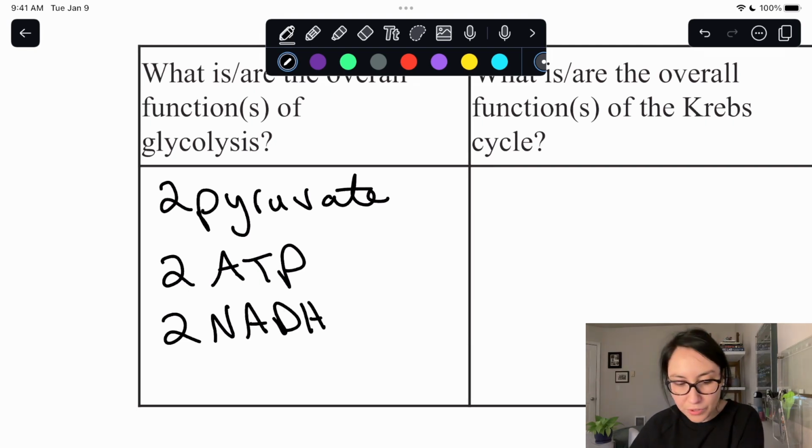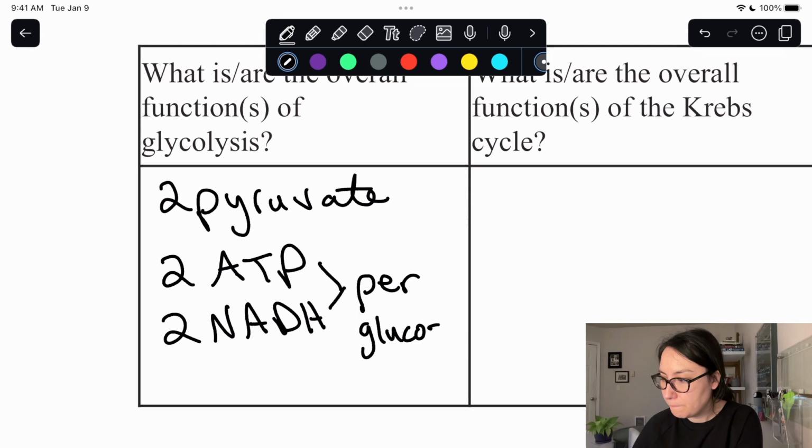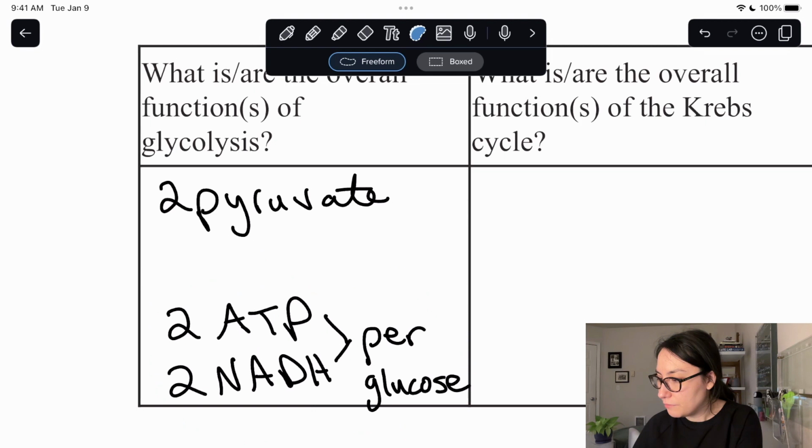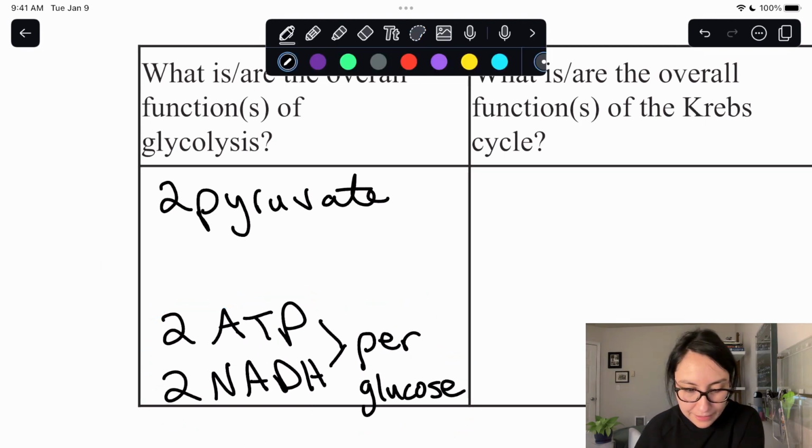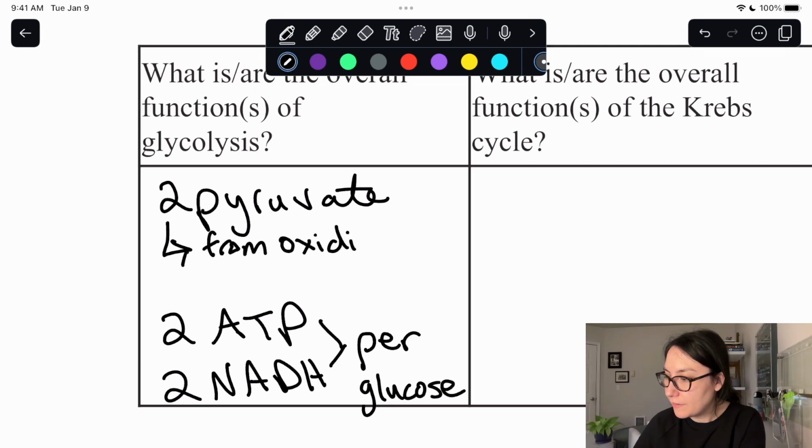And then the 2 ATP and the 2 NADH are generated per glucose. And I'll move that down a little bit so that you have room to write up more up here. And then your 2-pyruvate come from oxidized glucose.